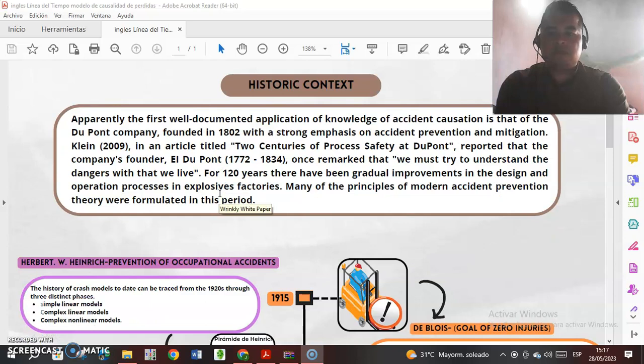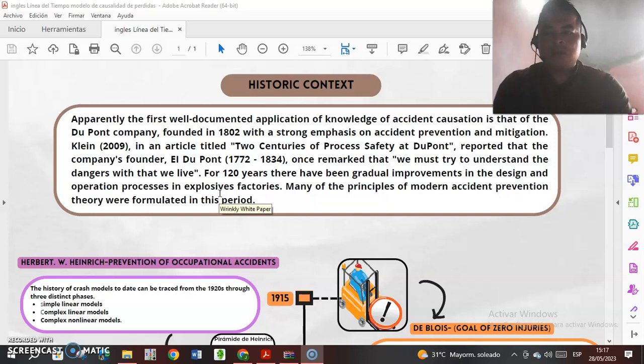History context. Apparently, the first documented application of the concept of accident causation is that of the DuPont Company, founded in 1802, with a strong emphasis on accident prevention and mitigation.